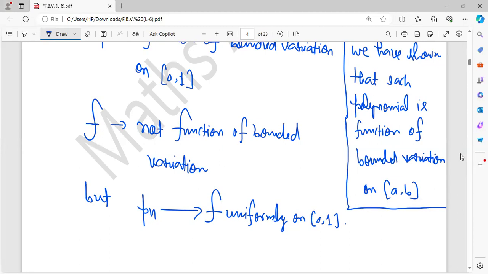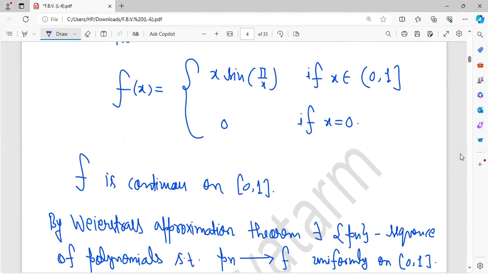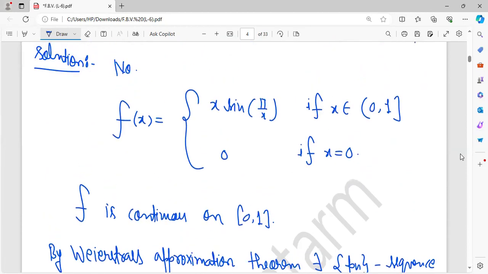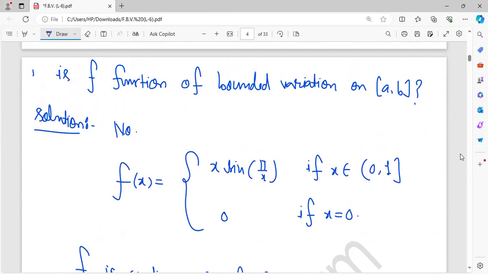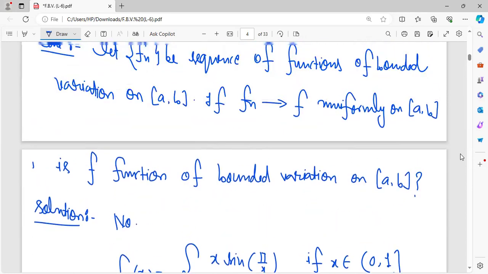The answer is no, because the function f(x) equals x sine(pi upon x) is not a function of bounded variation. But by the Weierstrass approximation theorem, we have a sequence of polynomials converging to F uniformly. Polynomials are functions of bounded variation, but F is not. So F need not be a function of bounded variation.